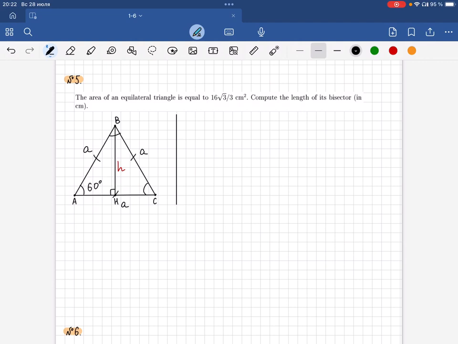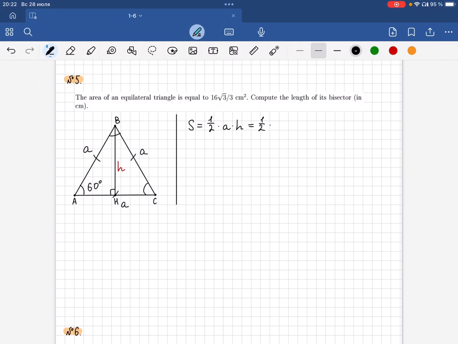We know several formulas that can help us to find the area. The first one is that our area is 1/2 multiplied by A multiplied by h, where h is the length of the height. And there is a second formula. We also need 1/2.